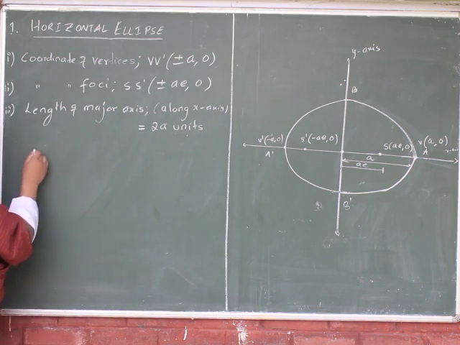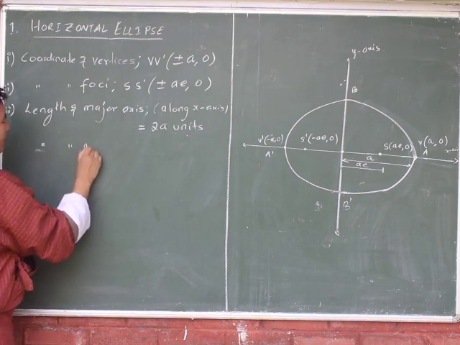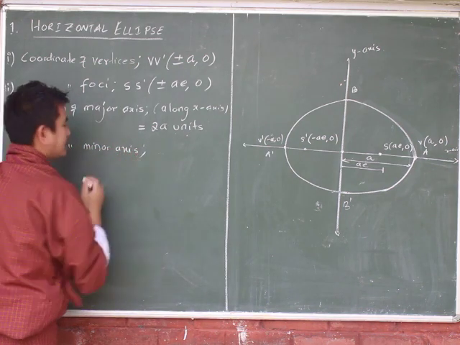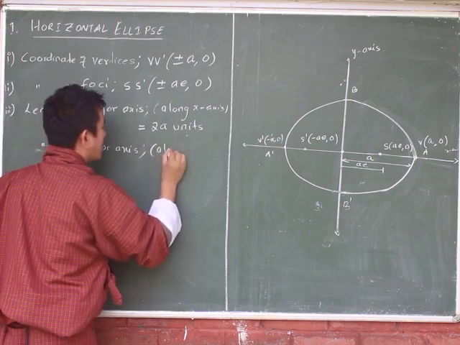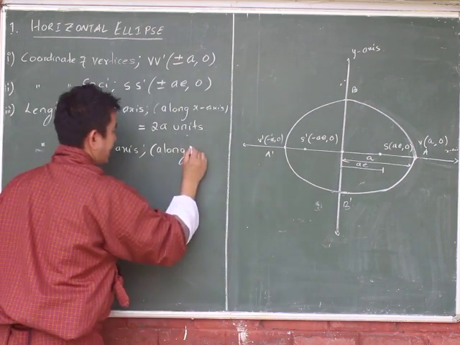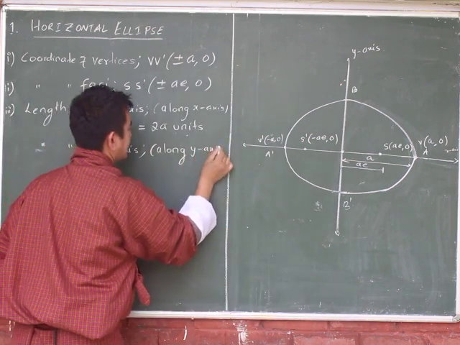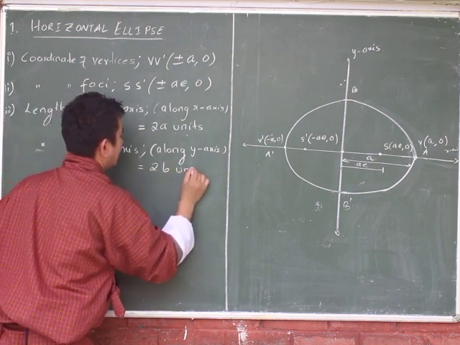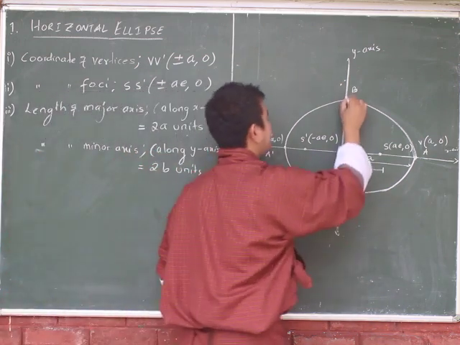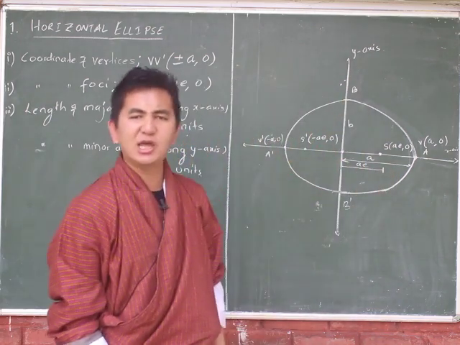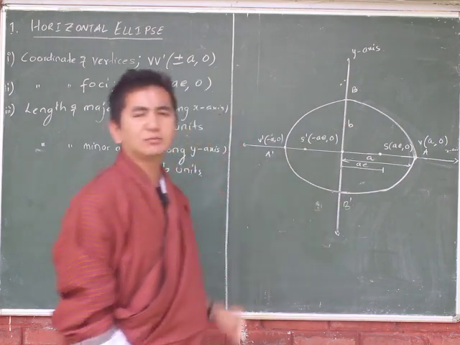Now similarly, the length of minor axis, which is along the y-axis, is equivalent to 2b units, because from here to here the distance taken is b, and from here to here the distance taken is b. B plus b becomes 2b.